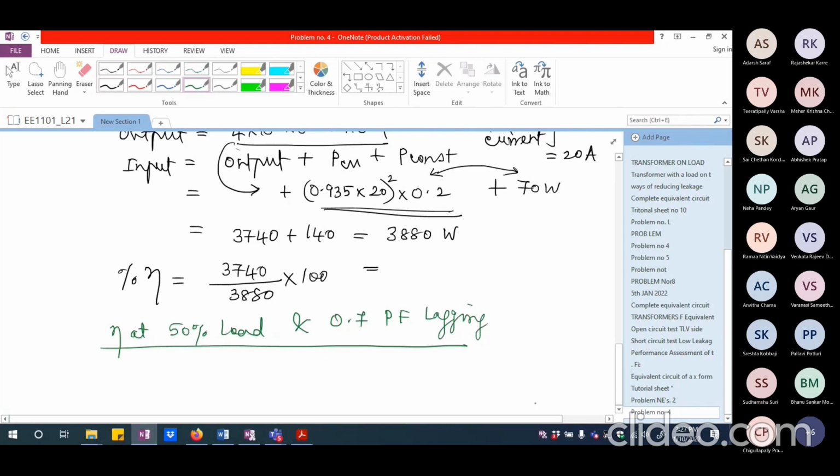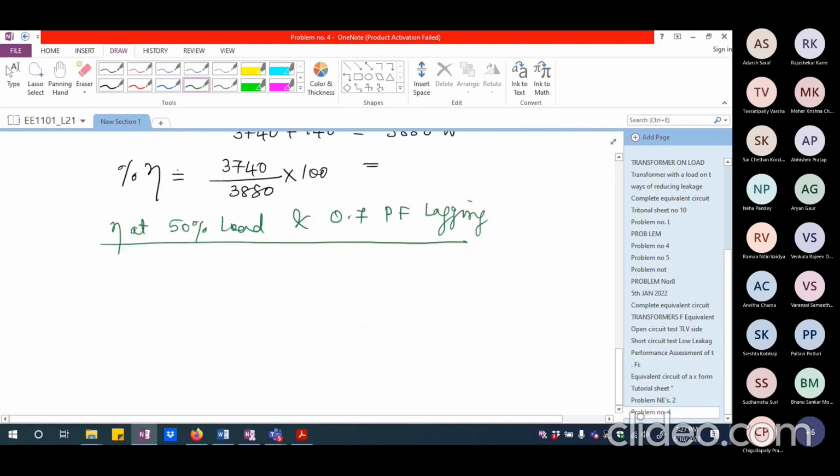I'm just arbitrarily taking some value. Let's first calculate 50% load, which means the current is 50% of rated current.